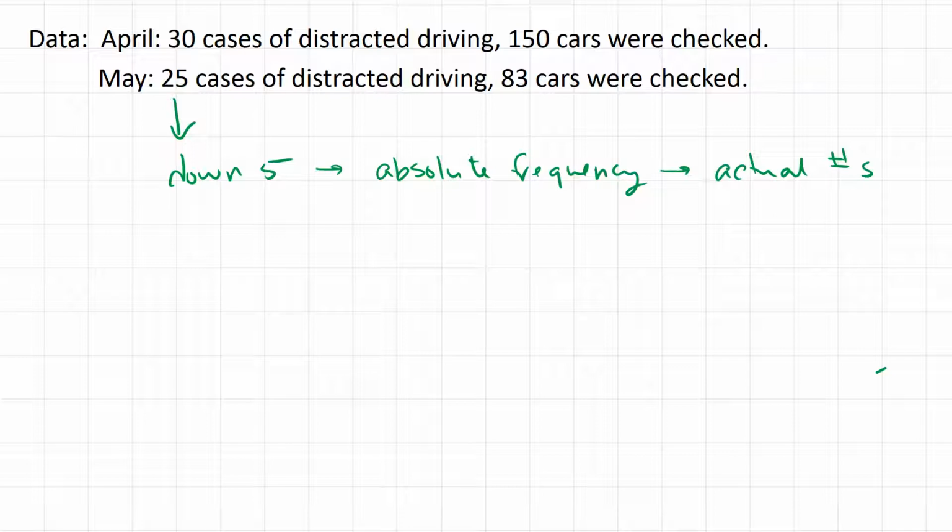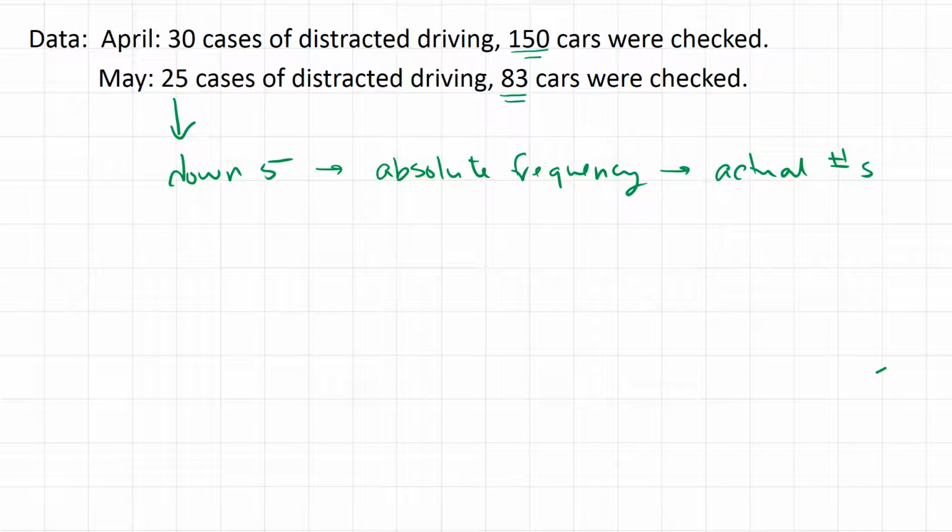Now, we also see from the data that the number of cars that were checked is very different. So if we want to relate how many cases were found compared to how many were checked, we have to do this as a comparison, and one way to compare is by percentage.